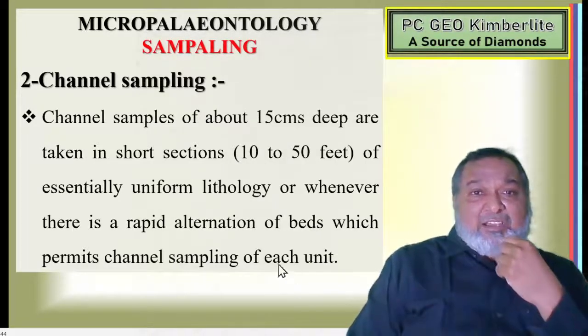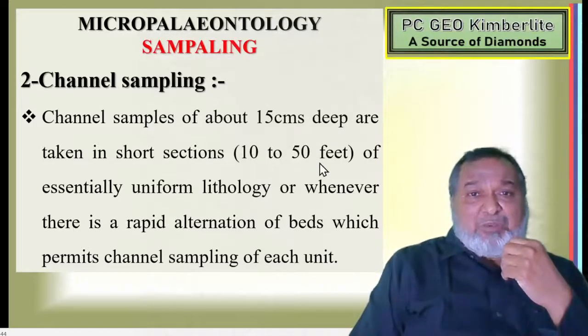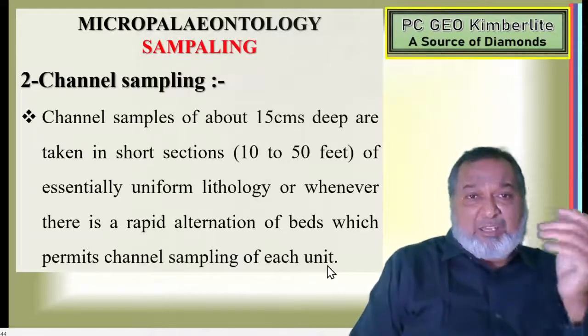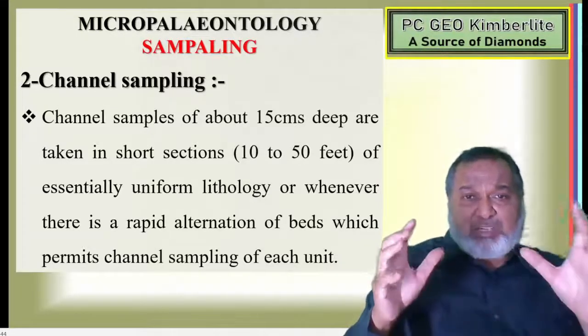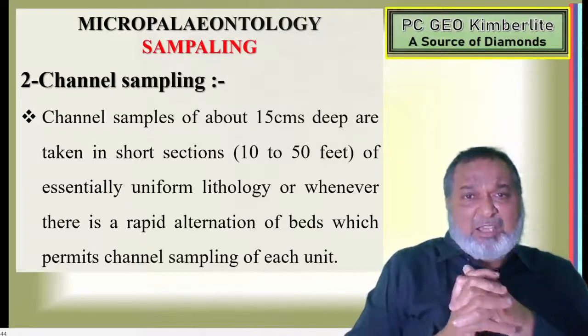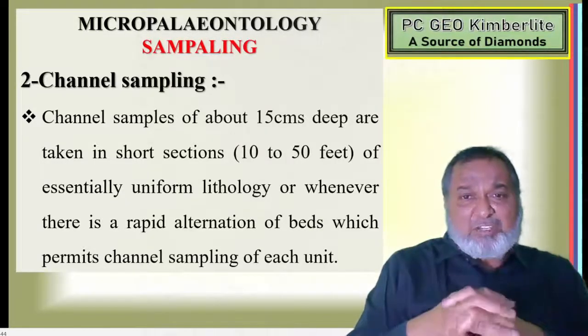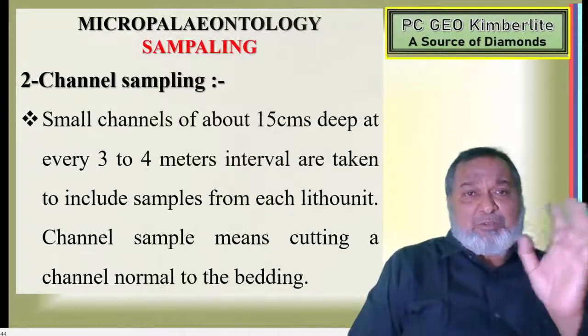Second one, channel sampling. Channels about 15 centimeters deep are taken in short sections of 10 to 50 meters of essentially uniform lithology, or wherever there is a rapid alteration of beds, which permits channel sampling of each unit.